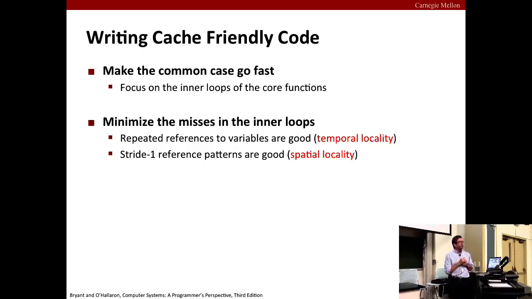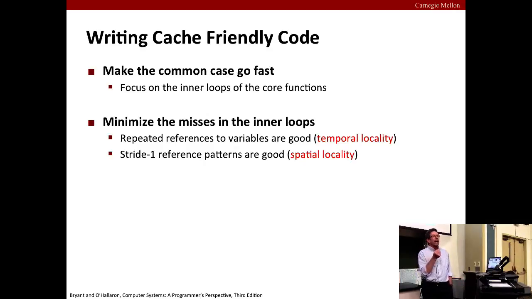Remember, if you declare a local variable in C, the compiler can put that in a register. If you're referencing global variables, maybe not. The compiler doesn't know what's going on, so it can't put the reference to that variable in a register. So repeated references to local variables stored on the stack are good because those will get turned into register accesses. You'll never go to memory.